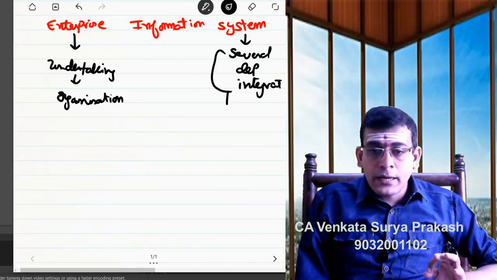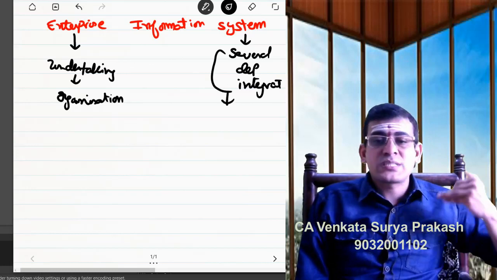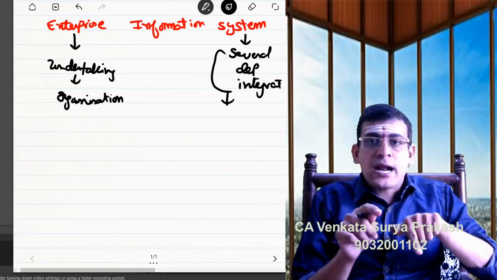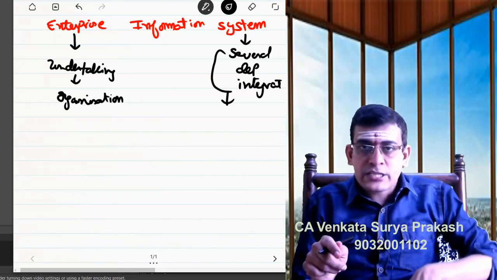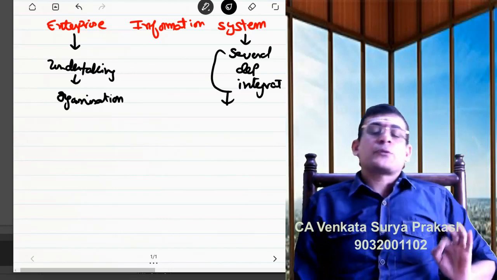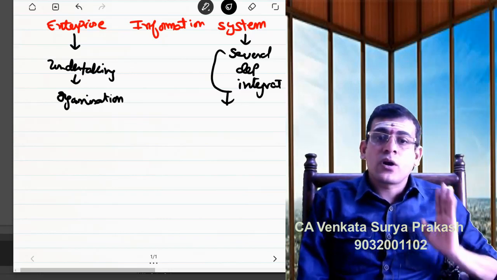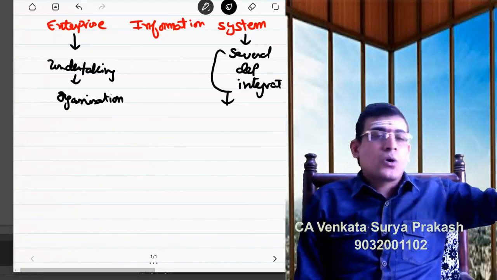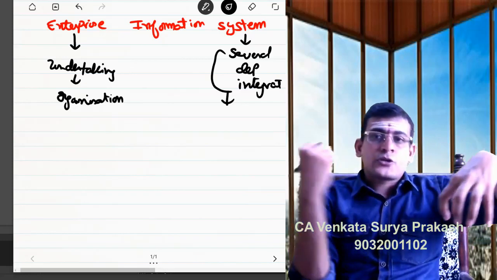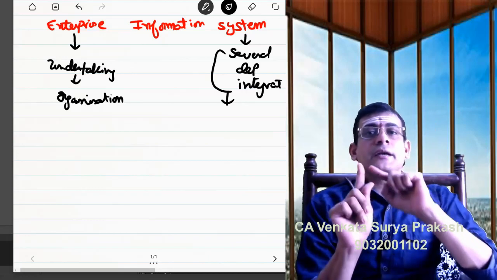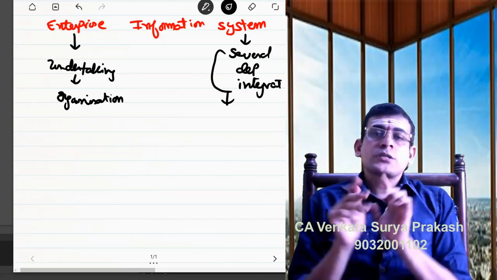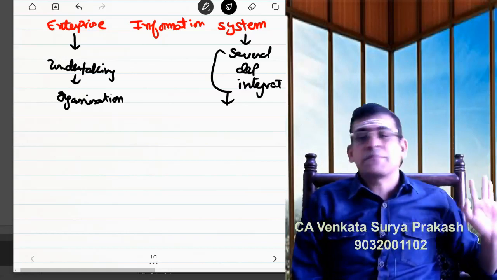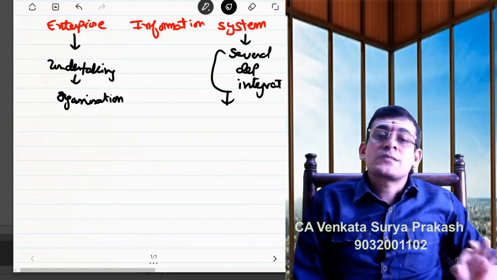To integrate these departments, I need to set up some sort of order, some sort of standards. Those standards, those processes, those instructions, those technical specifications, the entire thing is called the system. That's it. So system is what? Departments are there, integration should be done. How are you integrating? By putting some sort of controls, some sort of broader framework, that is called the system.